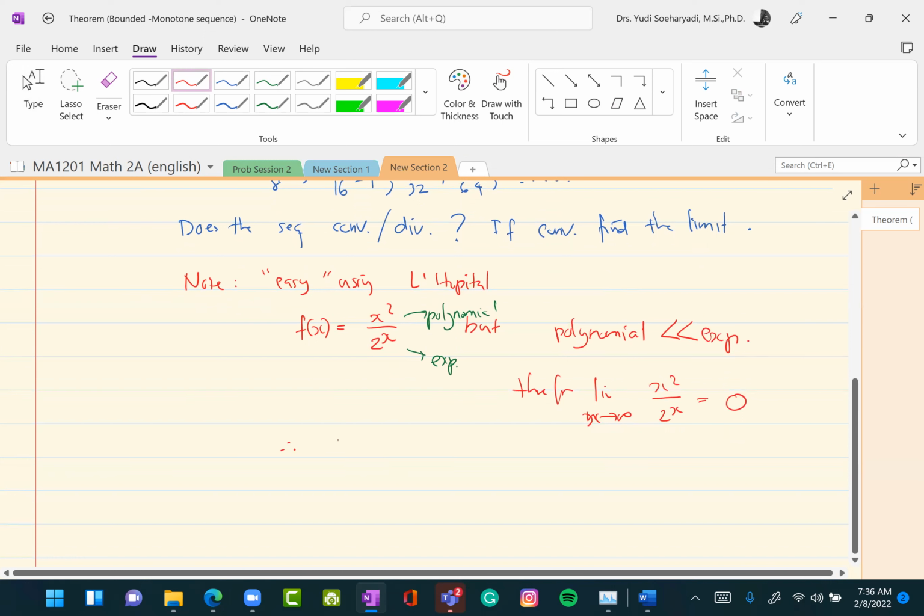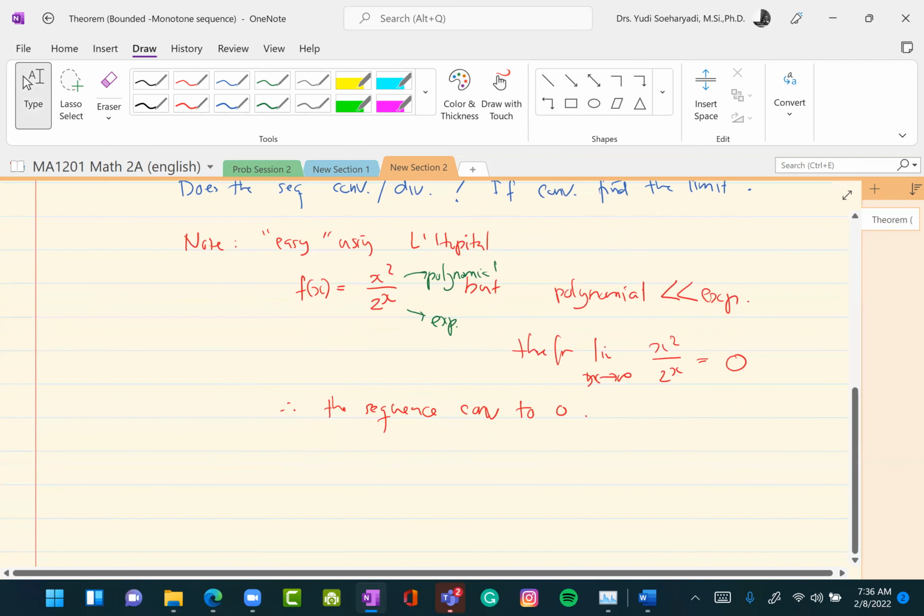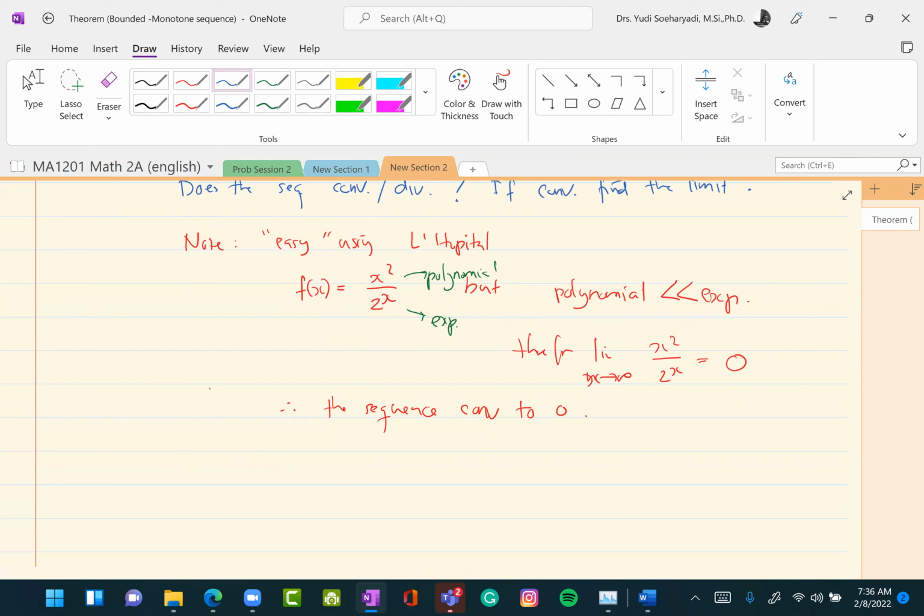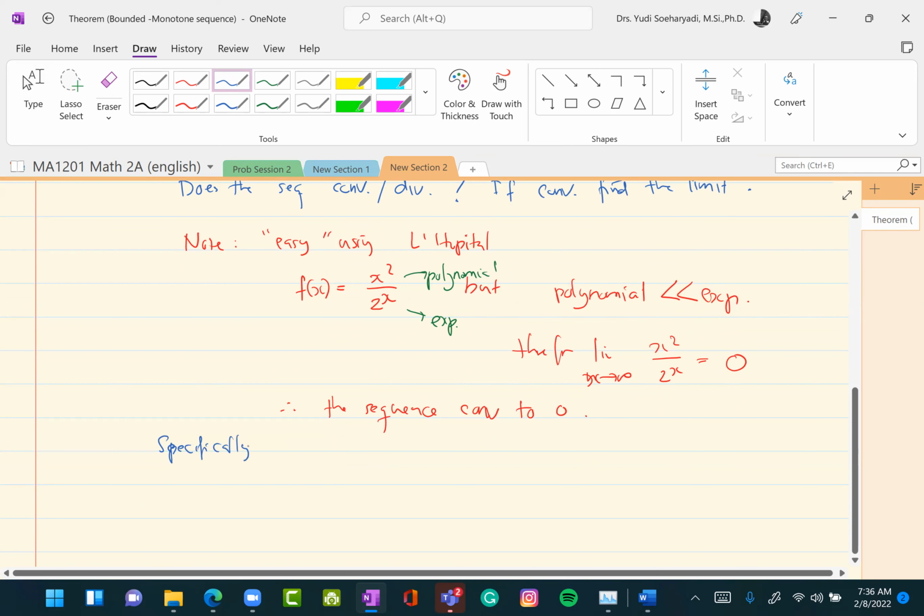The sequence converges to zero. Okay, but specifically we would like to use the bounded monotone theorem. Bounded monotone.